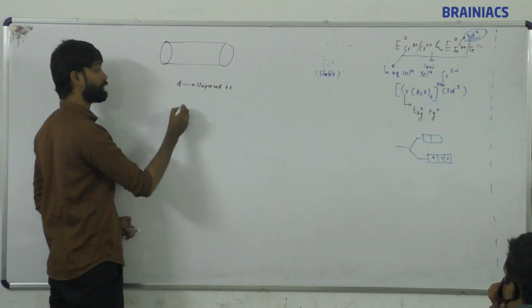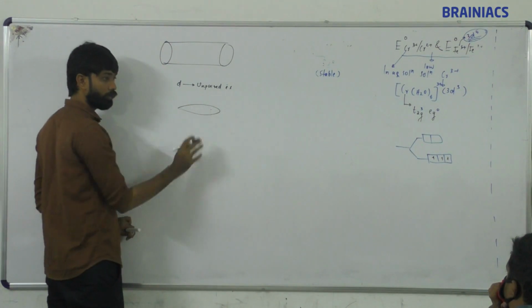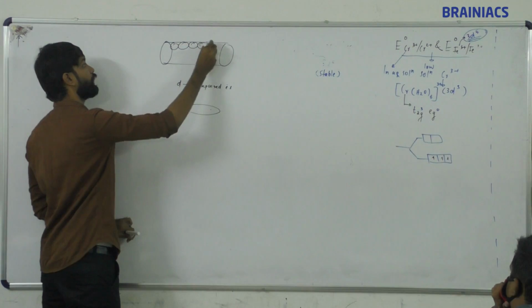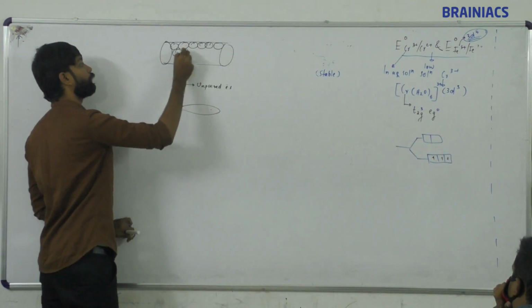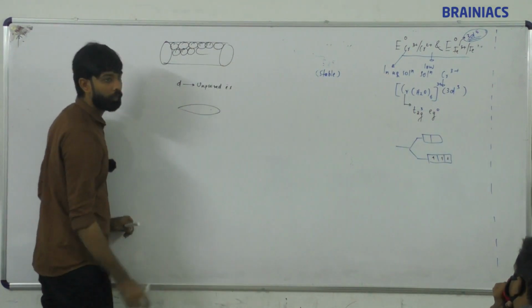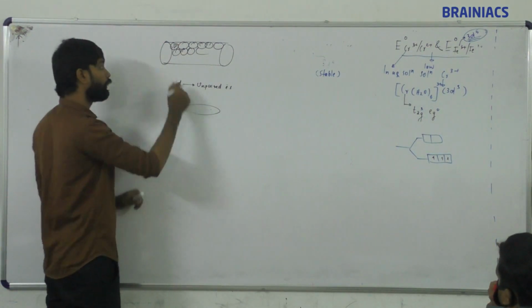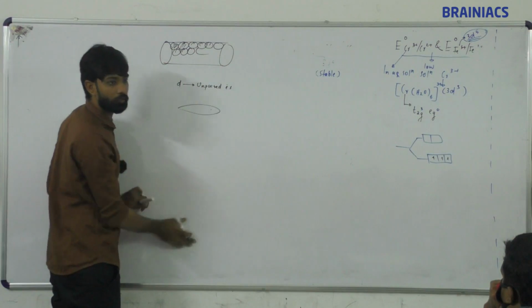If orbitals have unpaired electrons, there are a lot of highly packed metal atoms. This metal atom has an unpaired electron in a d orbital, and another metal atom has an unpaired electron in a d orbital.